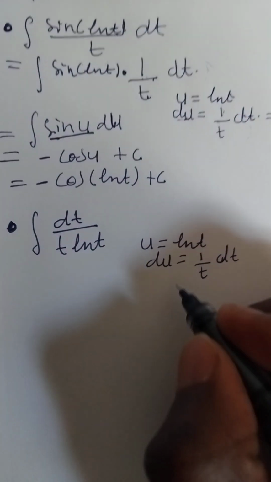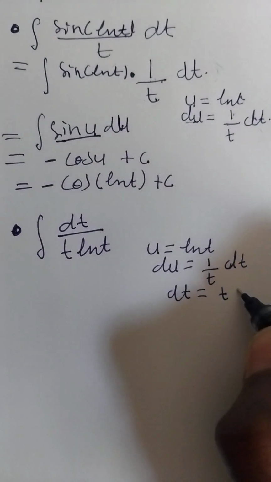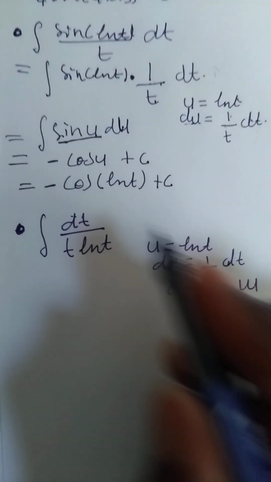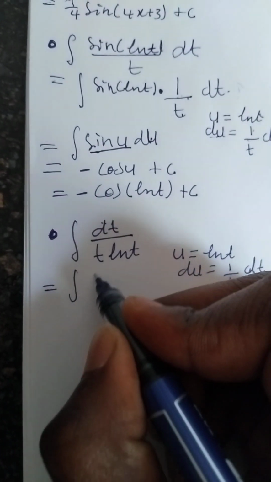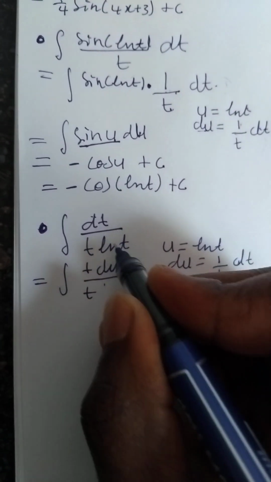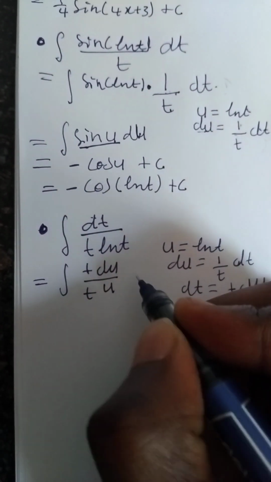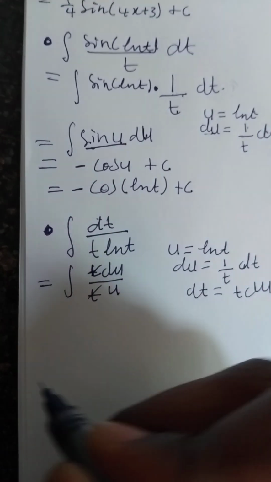So let me cross multiply and say that I'm making dt subject, then I'm gonna get it as t du. So where there is dt there, I'm gonna plug t du. So I'll basically have integral of t du divided by t, and ln t is basically equal to u. Okay, so this t and that one are gonna cancel out.